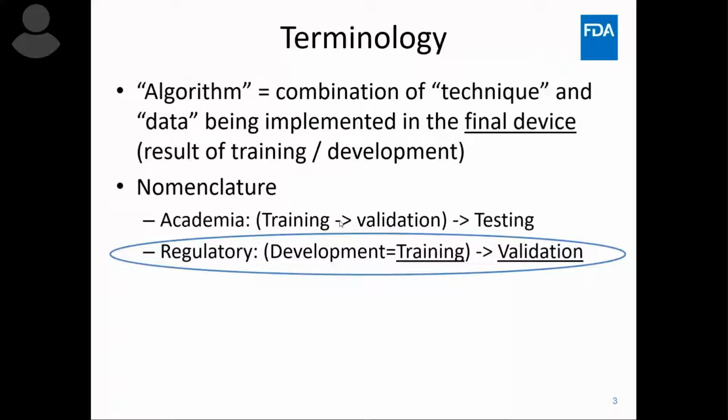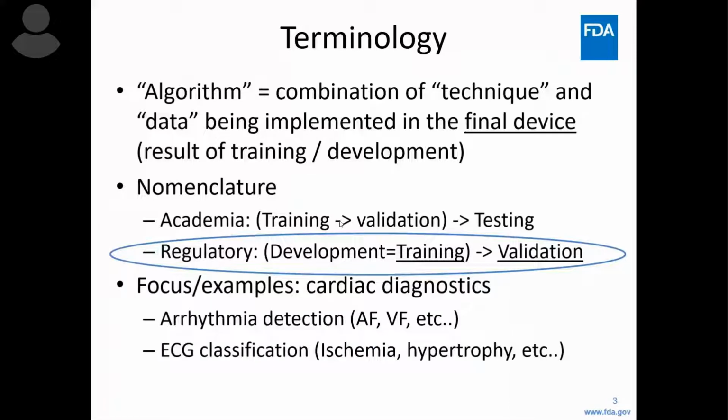So I will call training any activity that you do before locking your device, and validation when you have an independent data set and use it to get the real world performance on your locked device. Of course, examples will be based on cardiac diagnostics, so arrhythmia detection, ECG classification, and so forth.